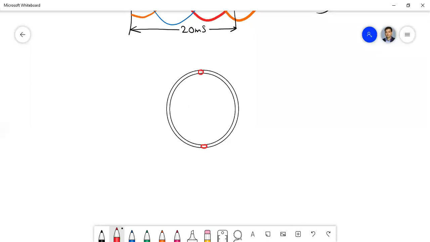Have you understood the significance of this red phase? Okay, now suppose the current through this winding is like this. If we provide the current through this coil, some magnetic field will be generated. Now what will be the direction of that magnetic field? Anybody?